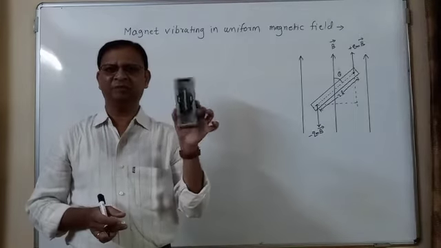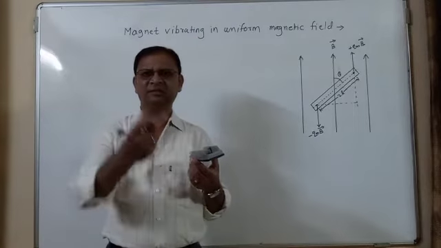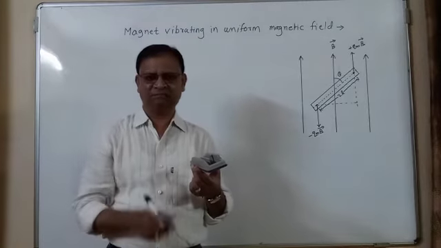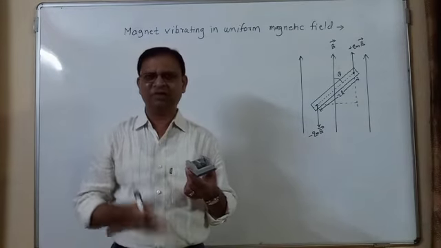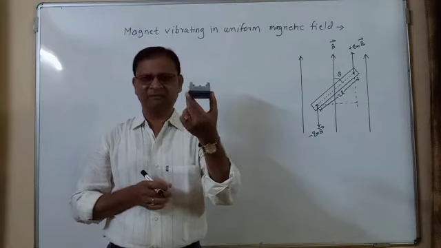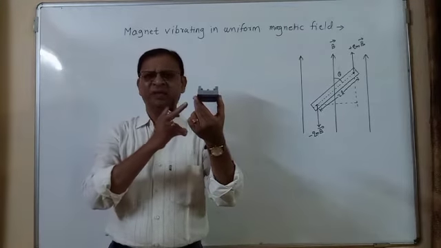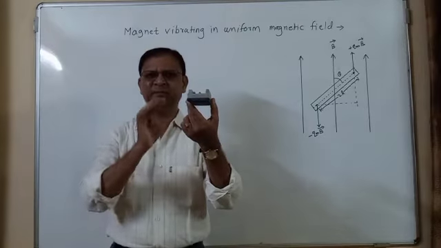Suppose this is a bar magnet and this is the north-south direction. If the bar magnet is suspended, it remains in the north-south direction. This is its equilibrium position.